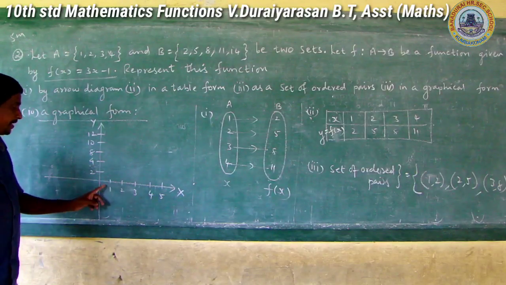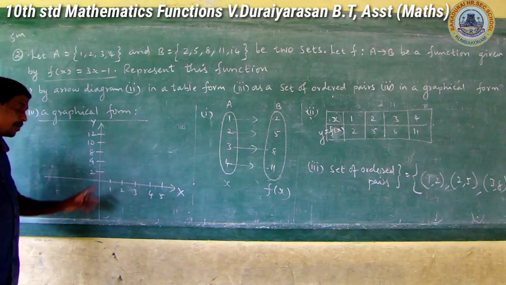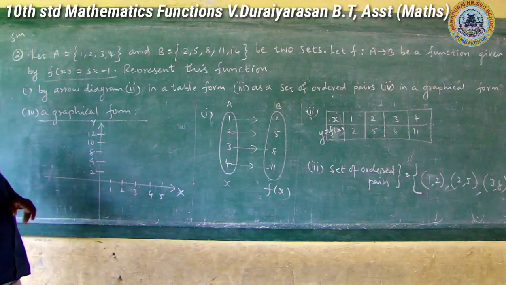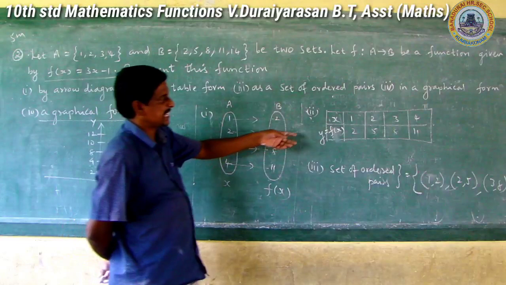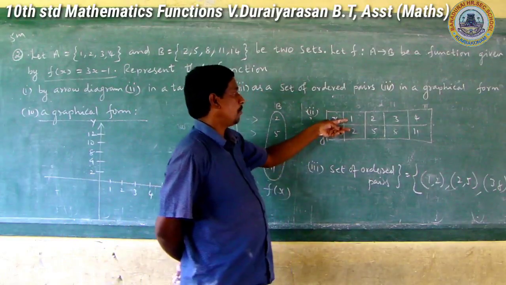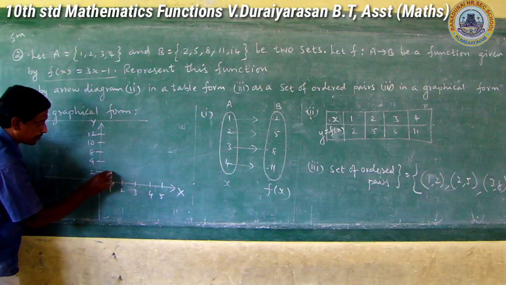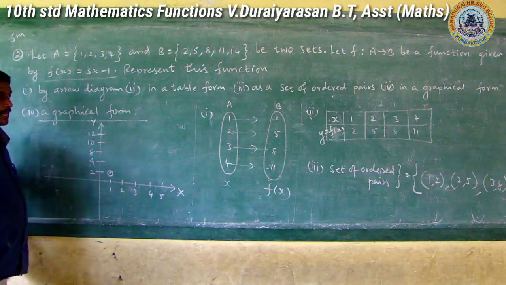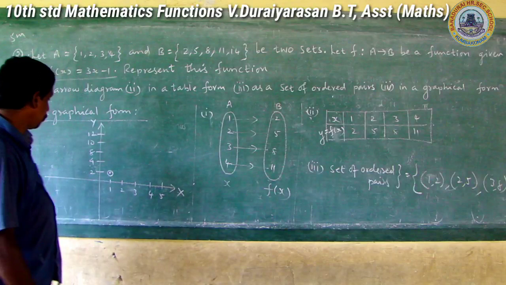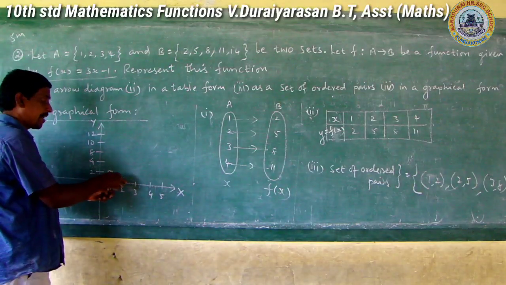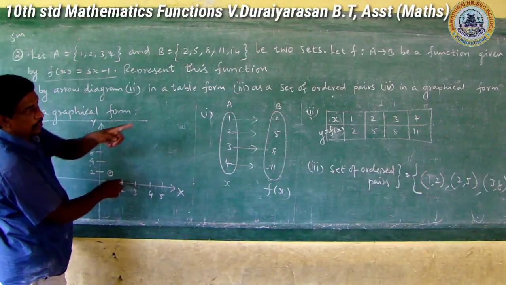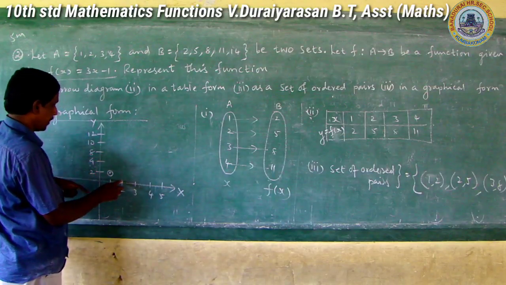Here, on the y-axis, 1 centimeter equal to 2 units. Okay. The first ordered pair, 1, 2. Plot the point in the graph at 1, 2. Right. Second one, 2, 5. X value is 2, y value is 5.